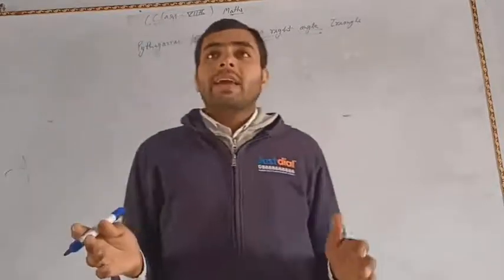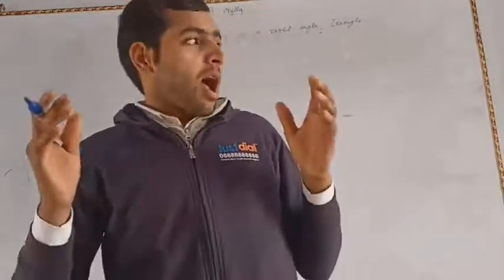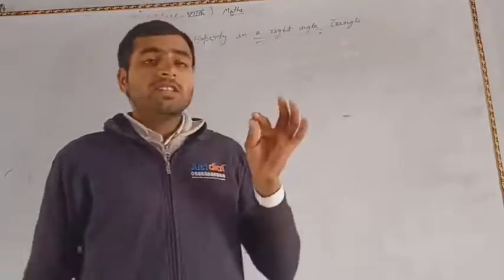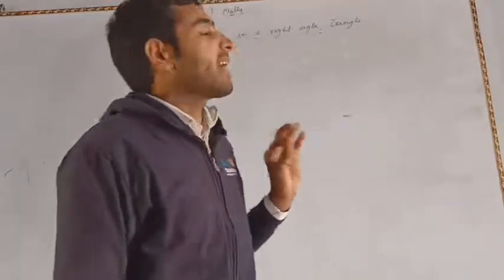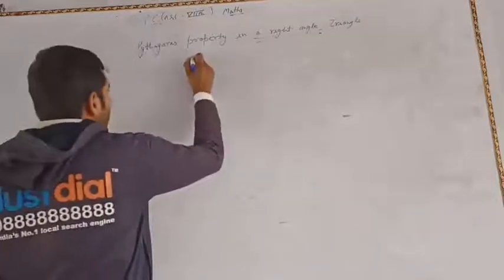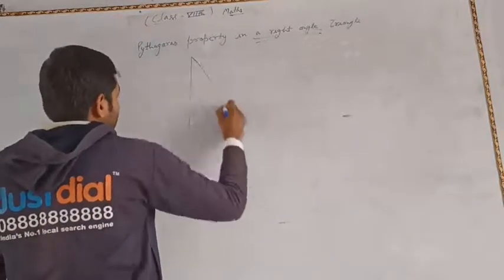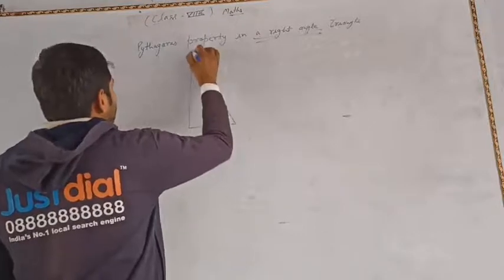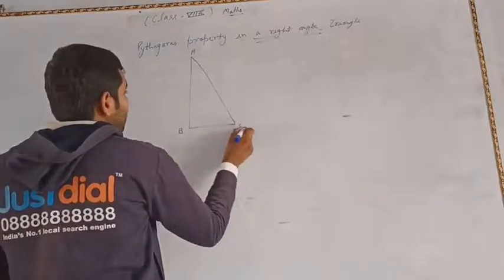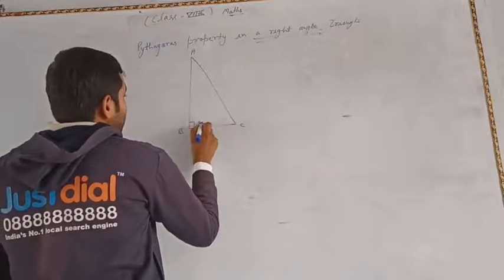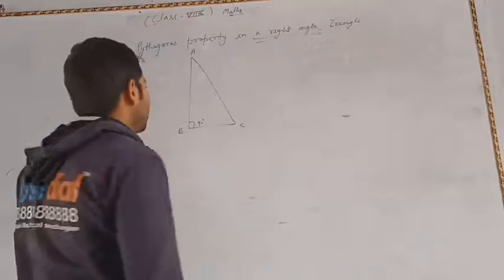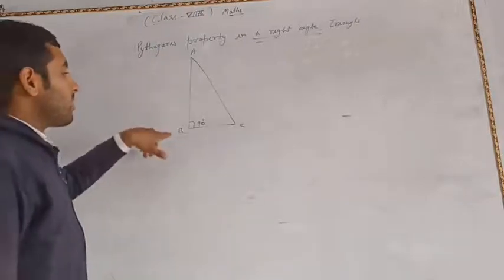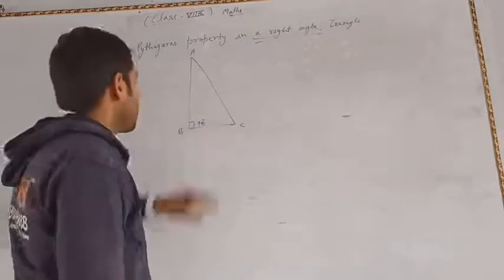Such a type of triangle in which one angle of the triangle is a right angle is called a right angle triangle. As you can see in this figure, in this triangle ABC, angle B is equal to 90 degrees, because AB is perpendicular to BC.